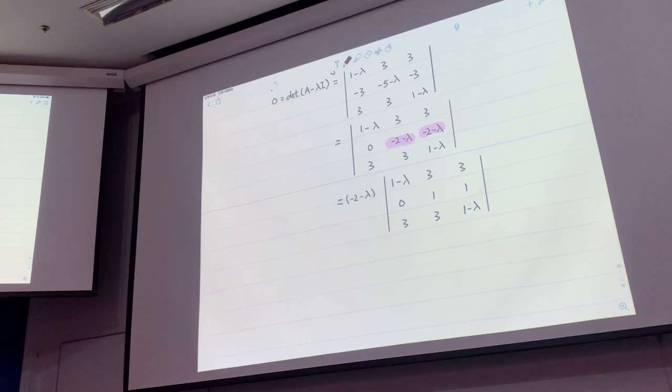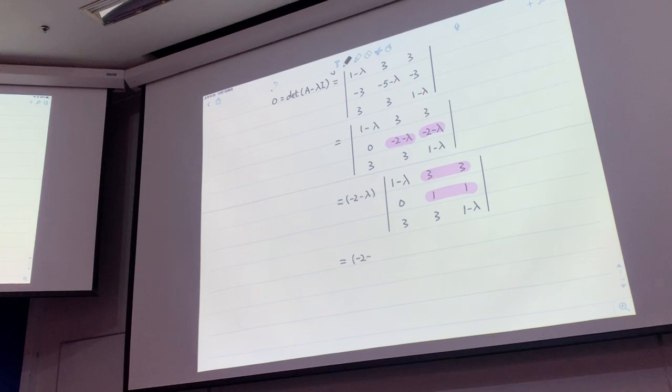So next, you may notice I can make a 0 in the first row, right? So the key point is because they are exactly the same. It is proportional to each other.